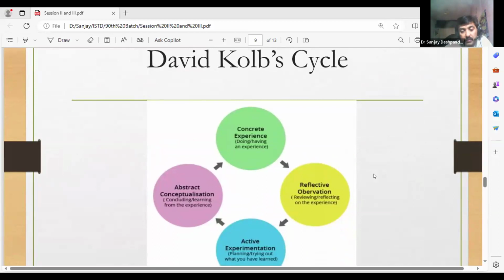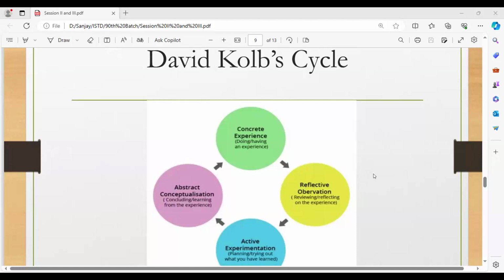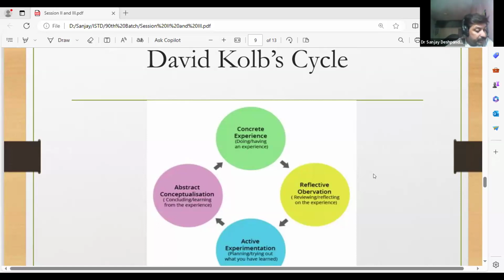I will explain all these dimensions for you, after which you will have to undergo an exercise. Are you all okay? Right. So the first one is concrete experience. The first dimension of David Kolb's cycle, concrete experience.